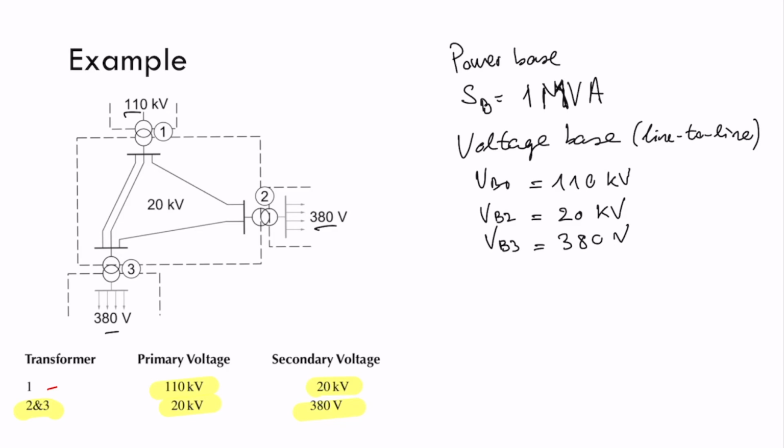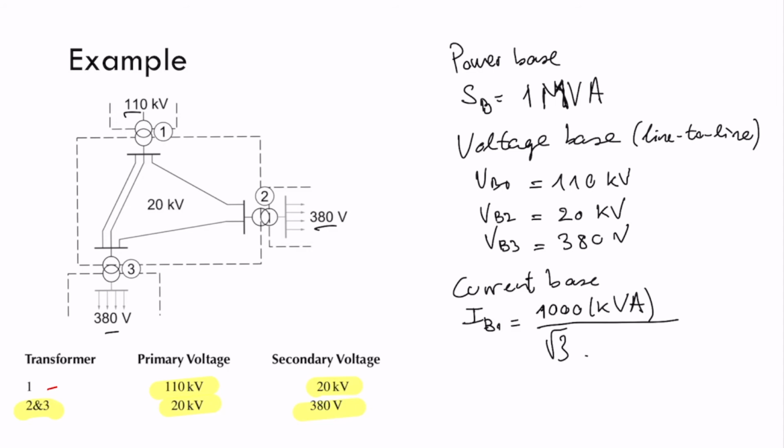Well, the next thing I have to choose is the current. So the current base is next. For the first one, it's equal to the power base, 1000 kilovolt amperes, divided by the square root of 3 times 110 kilovolts.